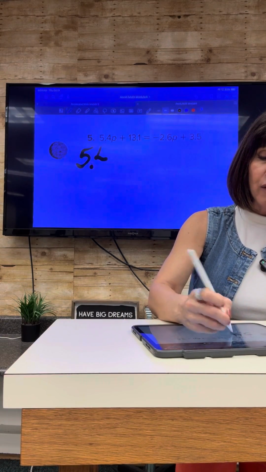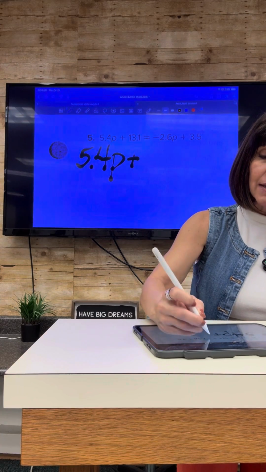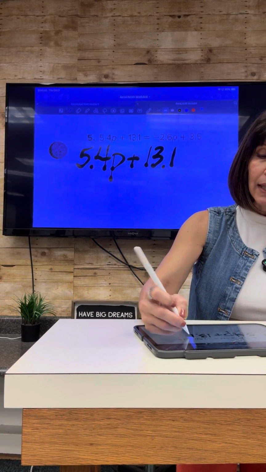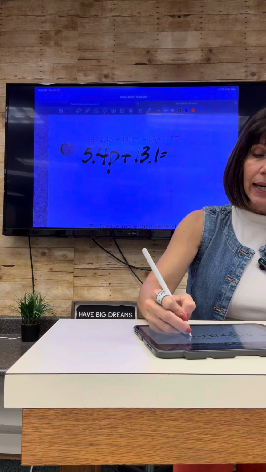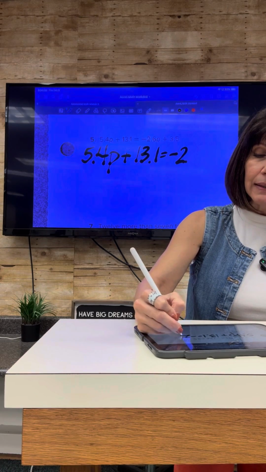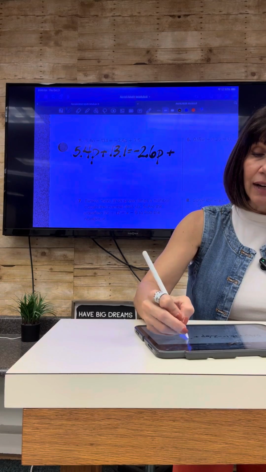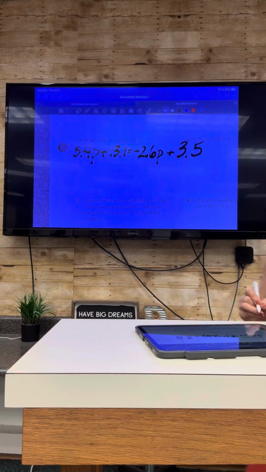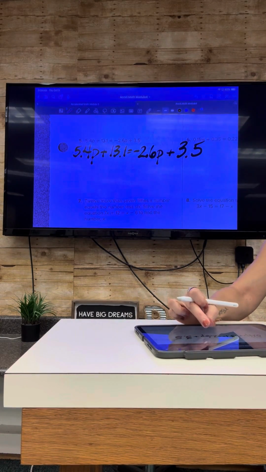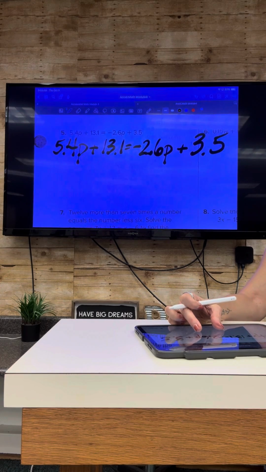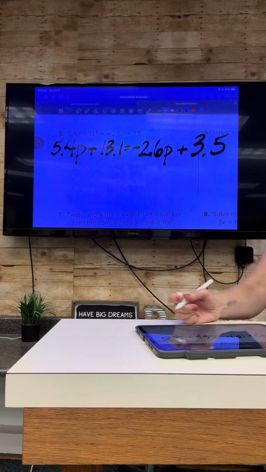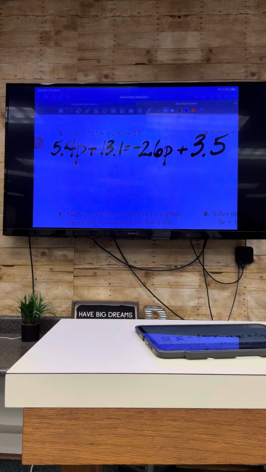Class, please copy 5.4p plus 13.1 equaling negative 2.6p plus 3.5. I hope you can see what is on my screen. 5.4p plus 13.1 equaling negative 2.6p plus 3.5.